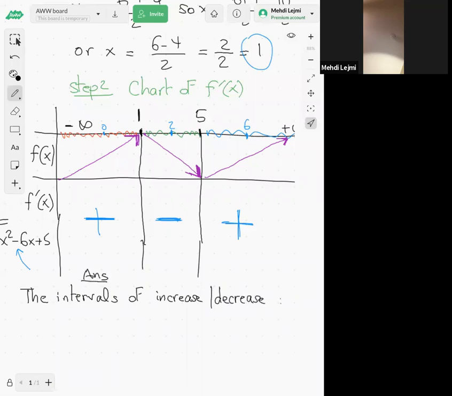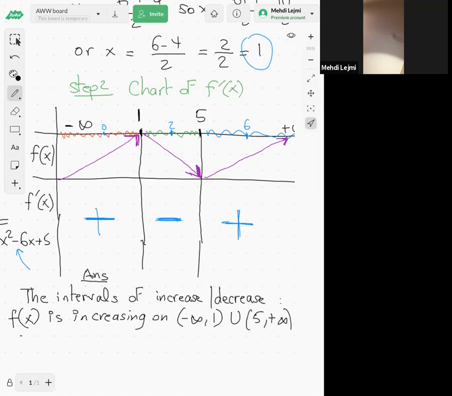So f of x is increasing on the interval from negative infinity to positive 1, union, and then from 5 to positive infinity.